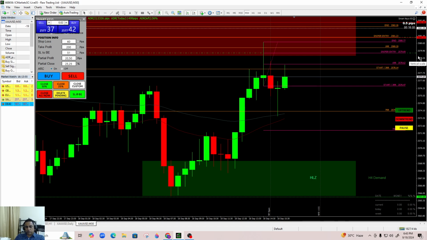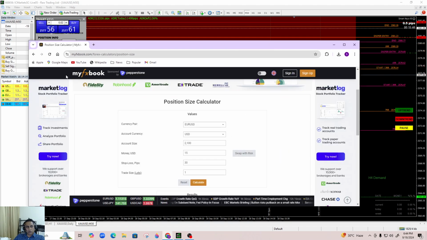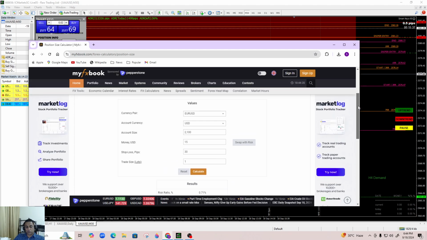So instead of just randomly opening any lot size or any trade, you calculate. I'll show you a free tool you can use. If you don't want to purchase a trade manager, you can use this free tool on my FX book, the forex calculator. You can use it to calculate the lot size for the pair that you're trading.